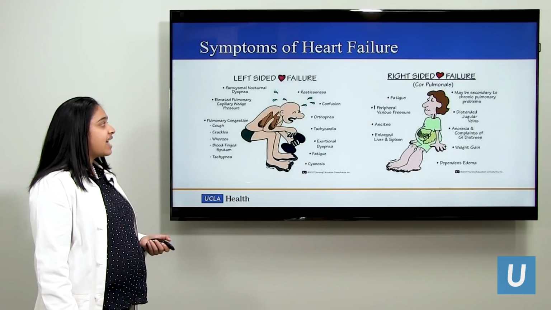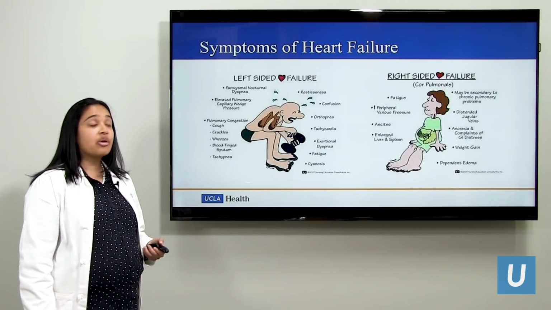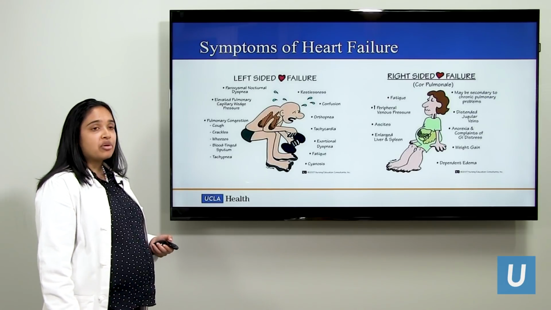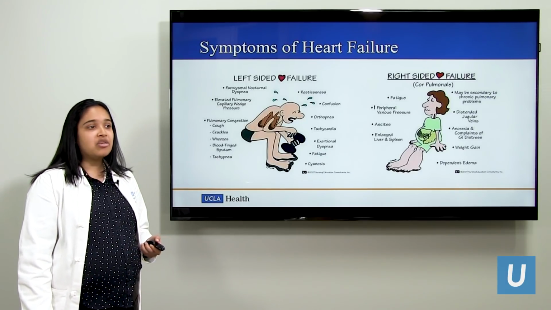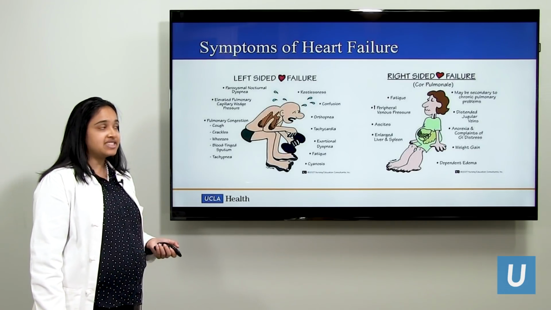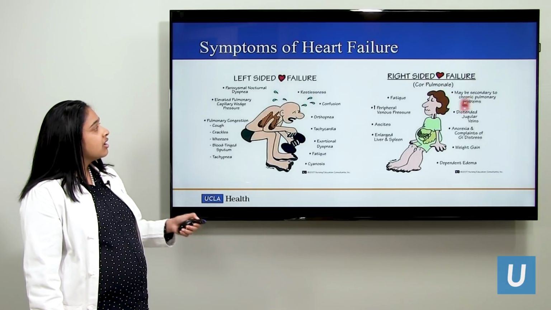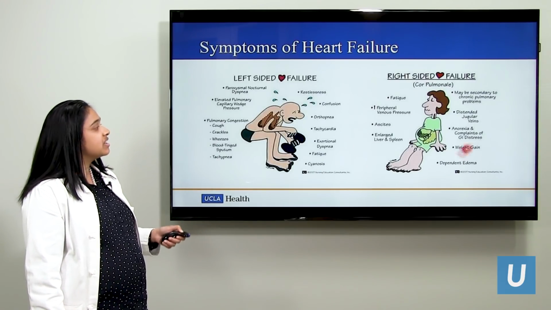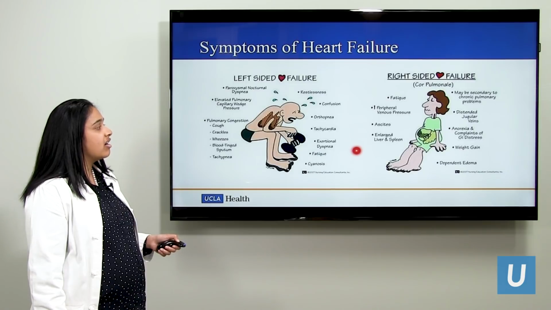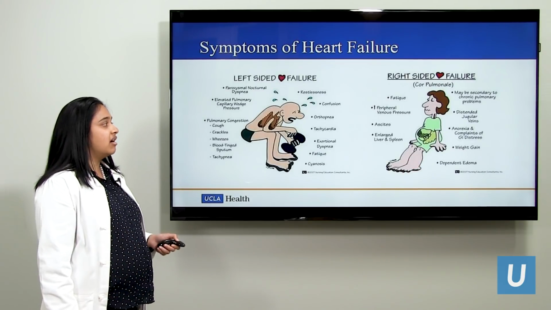You may notice that you have trouble breathing when you're laying flat, or orthopnea, or trouble breathing that wakes you up in the middle of the night, a condition that we call paroxysmal nocturnal dyspnea. Now with right-sided heart failure, you may have some of those symptoms that you had with left-sided heart failure, but you may also notice that your belly is enlarged.